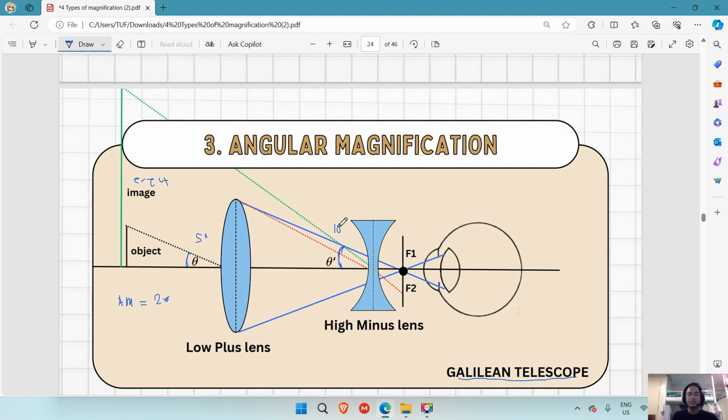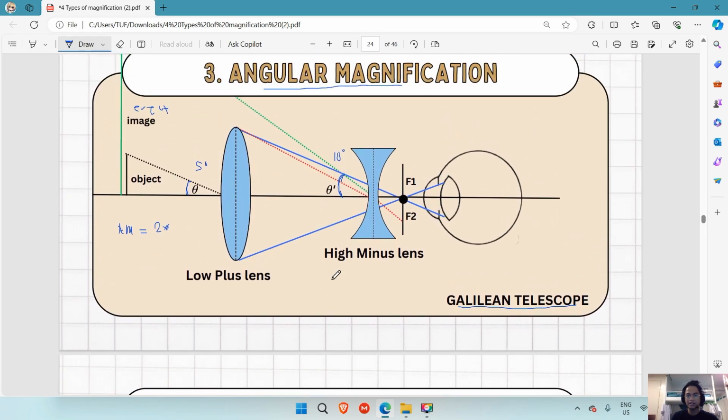So the main point here is that in angular magnification, it is not that you are enlarging the image, but the angular size, which enlarges what you perceive to that image.